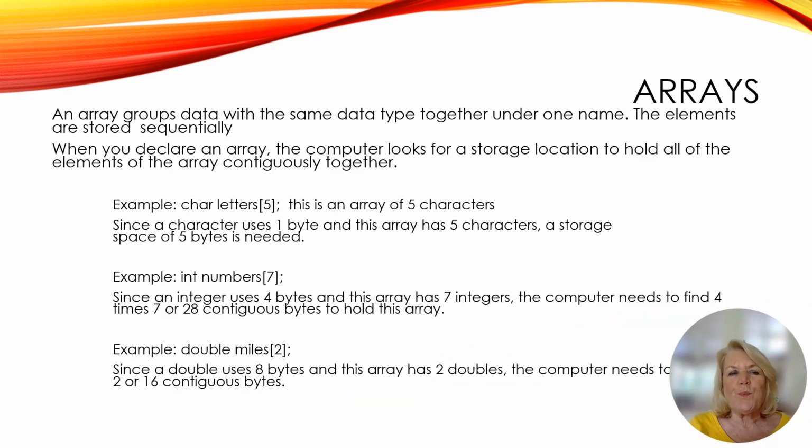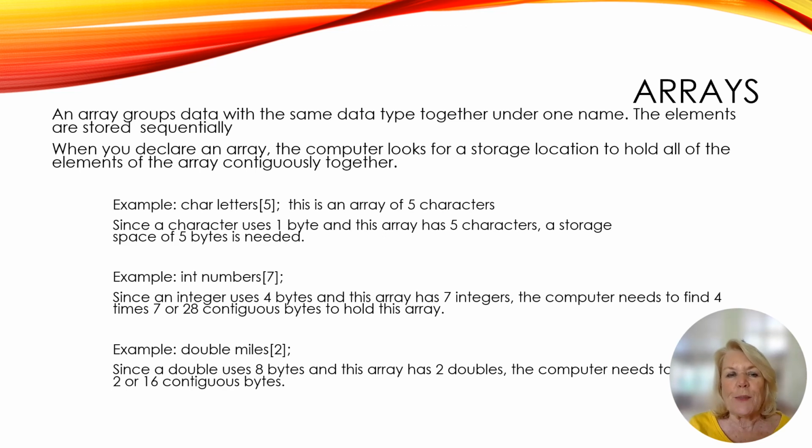An array groups data with the same data type together under one name. The elements are stored sequentially. When you declare an array, the computer looks for a storage location to hold all of the elements in the array contiguously together. The first example, we have an array called letters.